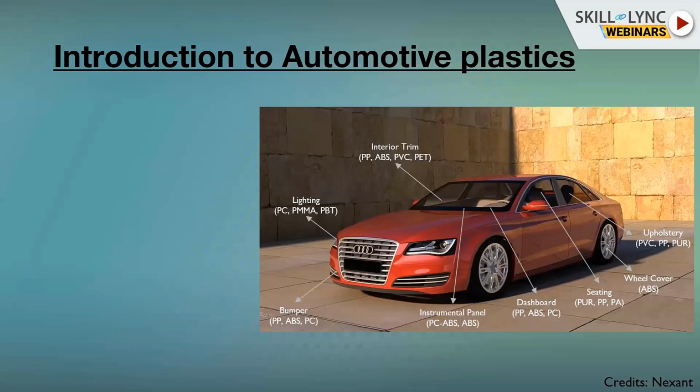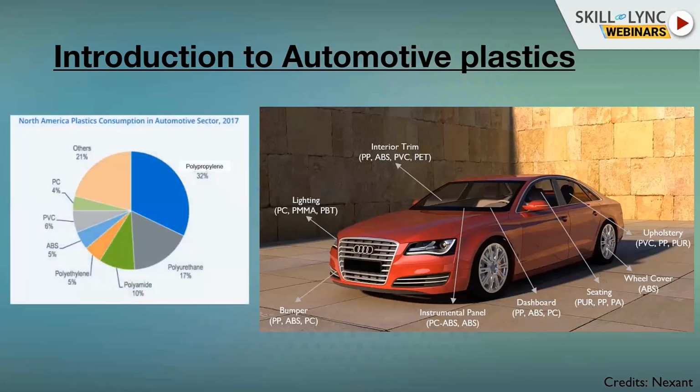All these are thermoplastics, mostly semi-crystalline and amorphous, and we use different kinds of plastics based on the design consideration and requirement. In a car you can always find a minimum of 13 different types of plastics, but here are a few of the most used plastics: polypropylene, polyurethane, polyamide, polyethylene, ABS, PVC, and PC.